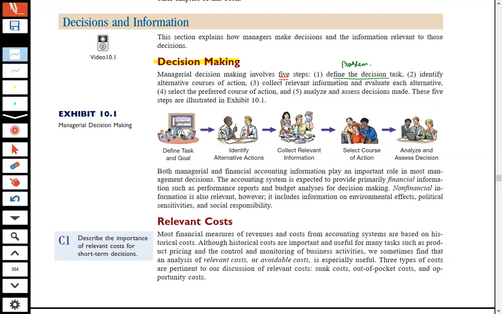When we have defined the problem, identify the alternative courses of action, that is corrective measures. Several corrective measures, that is the options generation. We may also call it options generation.